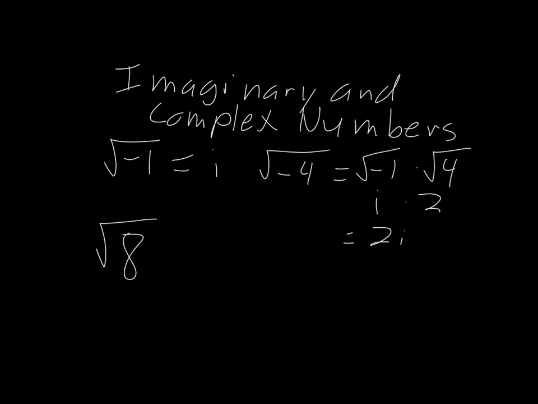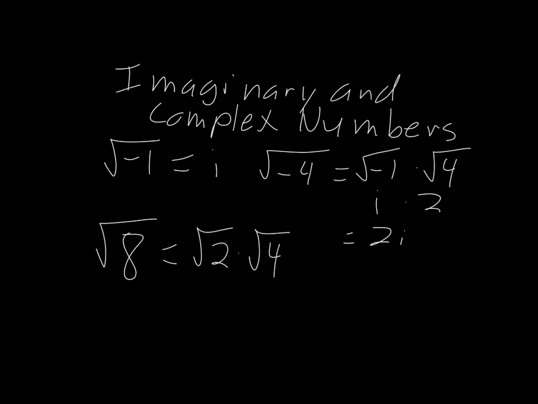Now, we may know that 1 squared is 1, 2 squared is 4, 3 squared is 9. Well, 8 is between 4 and 9, so its square root has got to be somewhere between 2 and 3, but it's not going to be an exact whole number. But there are numbers that go into 8 that can be square rooted. For example, 8 is equal to 2 times 4.